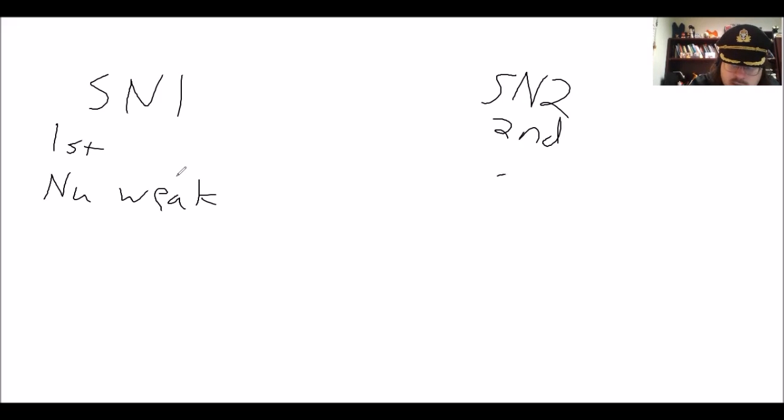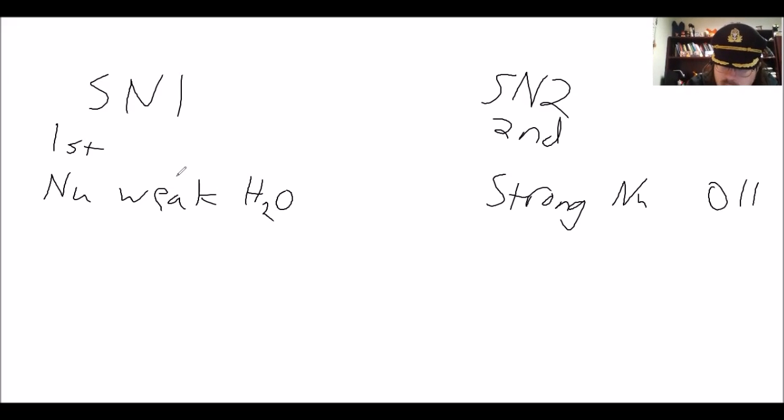And then SN2 is going to be a strong nucleophile, something that absolutely wants to act as a base, something that's going to be really strong. So the difference would be, for example, water is a weak nucleophile, OH minus is a strong nucleophile. One of these has a negative charge, one of these is neutral. Water can still attack, but is less willing to attack in that it is stable as it is, while OH minus is a little bit less stable.